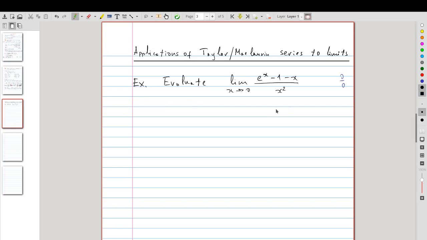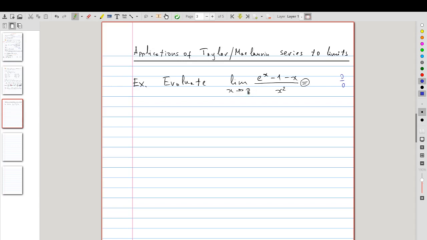So the way to apply a series to evaluating this limit is the following. Recall that we know the Maclaurin series for e to the x, which in this case will be useful because a Maclaurin series represents a function, in this case e to the x, around the center 0, and the limit we want to evaluate here is precisely when x goes to 0.